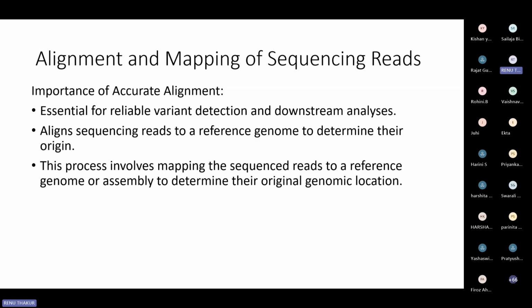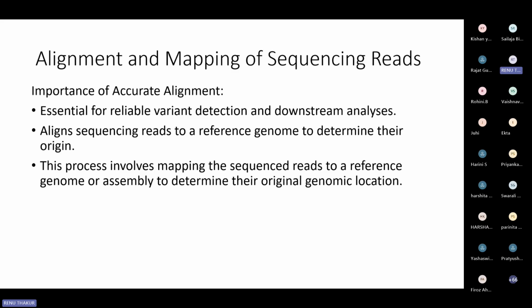Likewise, we'll have a reference genome or reference sequence data, so that we align our data to it and check whether it is a closely related species, and whether it has any relation to the previously updated data.